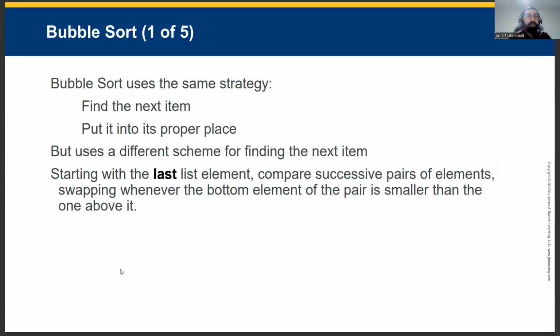Let's move on to the next slide called bubble sort. Here is another example of a sorting algorithm. Like selection sort, the goal is to find the next item to place, but bubble sort uses a different strategy. It works from the end of the list upward, comparing adjacent pairs of elements and swapping them when they are out of order.